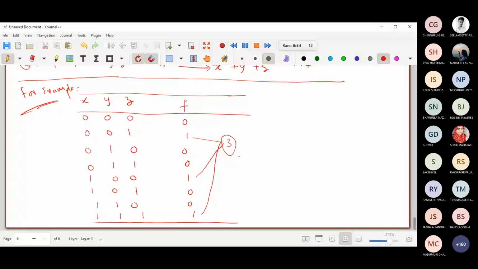Then how can we write here? F equal to x bar y bar z plus x y bar z bar plus x y z.